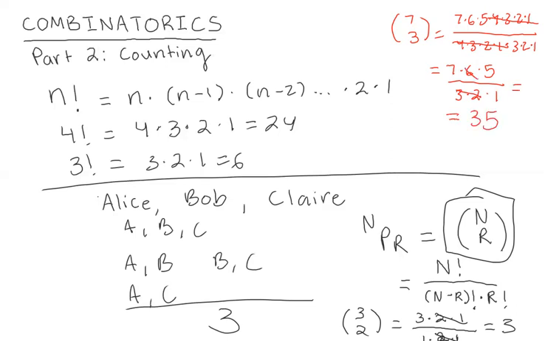Being able to calculate these is an important part of combinatorics. And that is the main difference between permutations and combinations, which are two of the main branches of counting. What I want to end this video with is the different forms of counting which you might encounter.